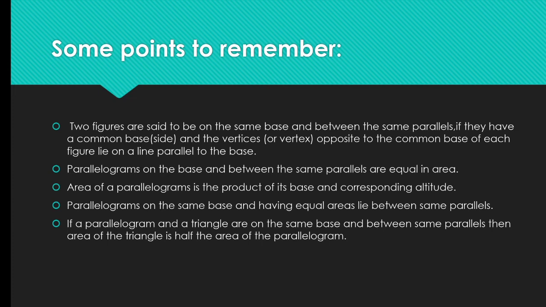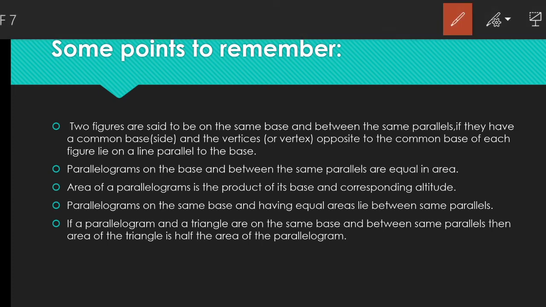Now we will go through some points to remember. Two figures are said to be on the same base and between the same parallel lines if they have a common base and the vertices opposite to the common base of each figure lie on the same parallel line.